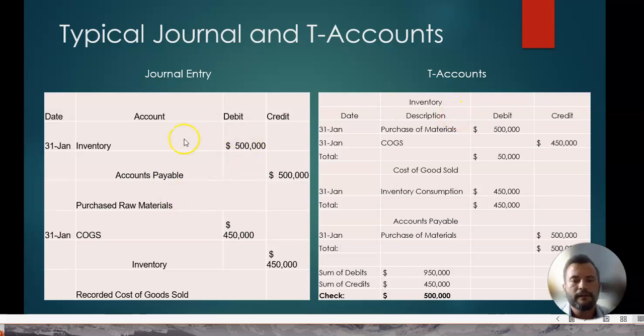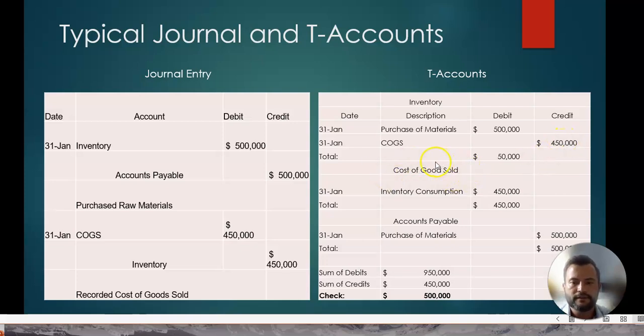Our T account reflects the information that goes into our journal entry and sums it all up. In the event of our inventory account, each time that we purchase materials, we make a debit to that account and we credit our cost of goods sold.